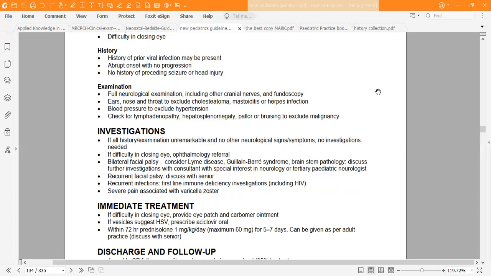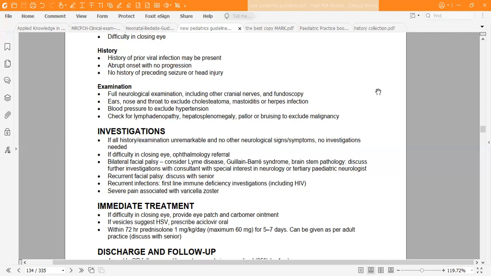Check blood pressure to exclude hypertension as well. Check for lymphadenopathy, hepatosplenomegaly, pallor or bruising to exclude malignancy. Some pediatric patients with leukemia present only with facial palsy as a first presentation. So you have to keep all this in mind, guys.